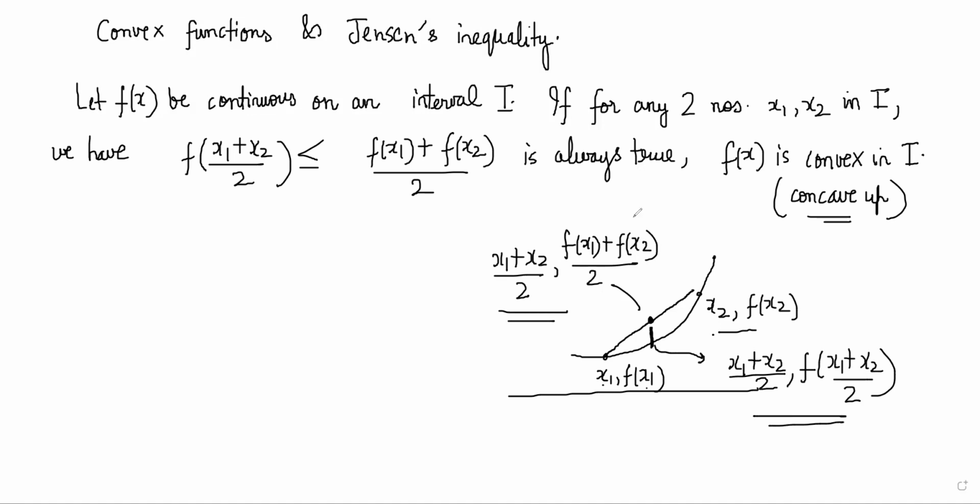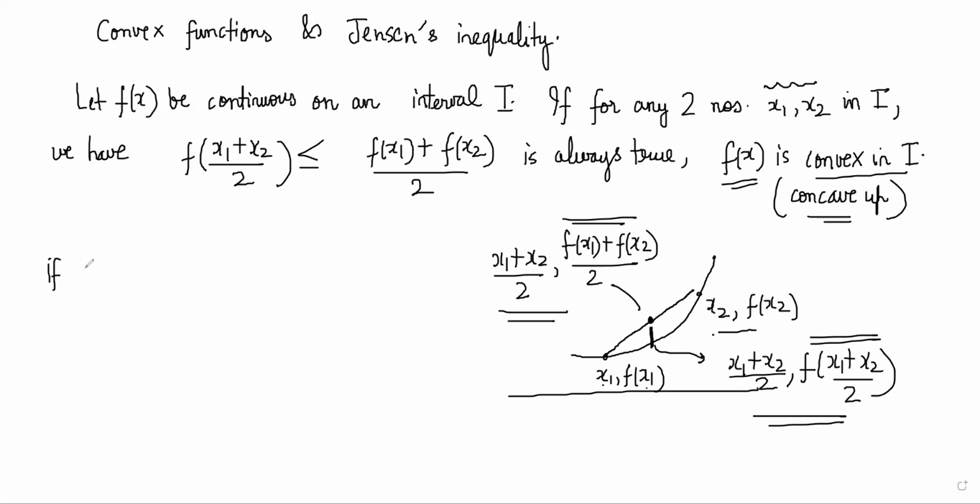So we can say that this is bigger than this, and that is what it means to be a convex function over the interval, right? As long as this property is satisfied by any two x1 and x2 in that interval, we say that f of x is convex in that interval or concave up, right?